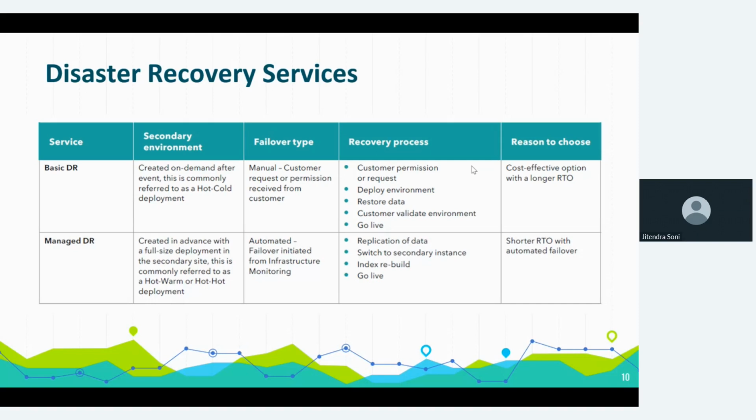If something goes down, there would be a manual downtime page showing that the site is down, and someone will go and do the deploy, restore the database, and then the new environment will be up and running. Of course, this will take time, but it is cost effective because you're not having two instances up and running. So in basic DR, you will have one instance up and running.